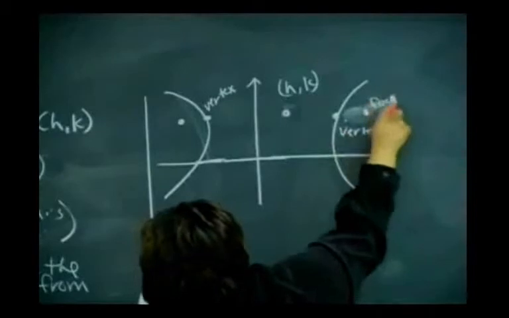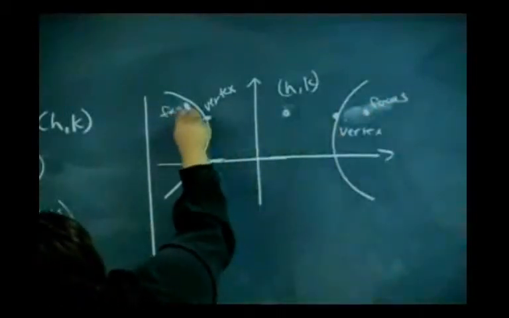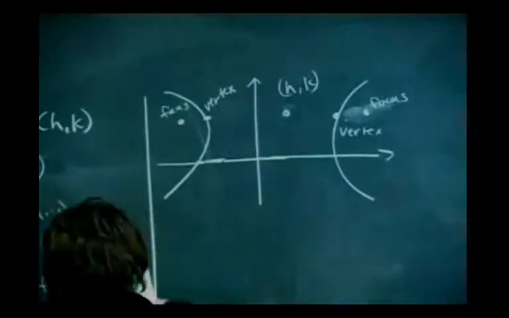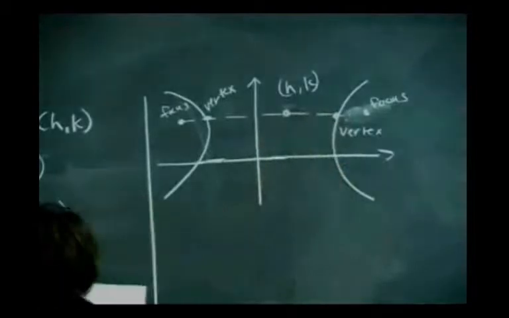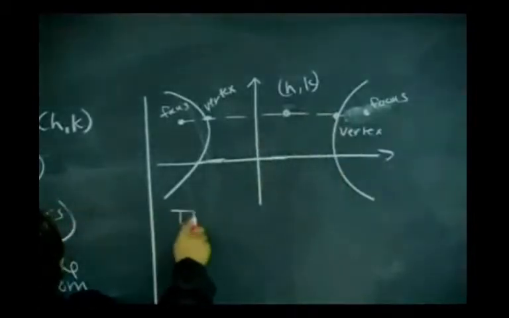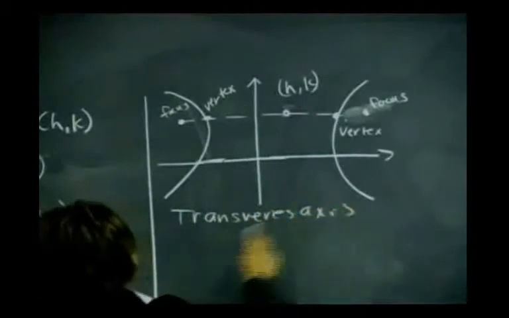That's a focus, and this is a focus. And if we draw a dotted line, that's called our transverse axis. And the transverse axis here is horizontal.